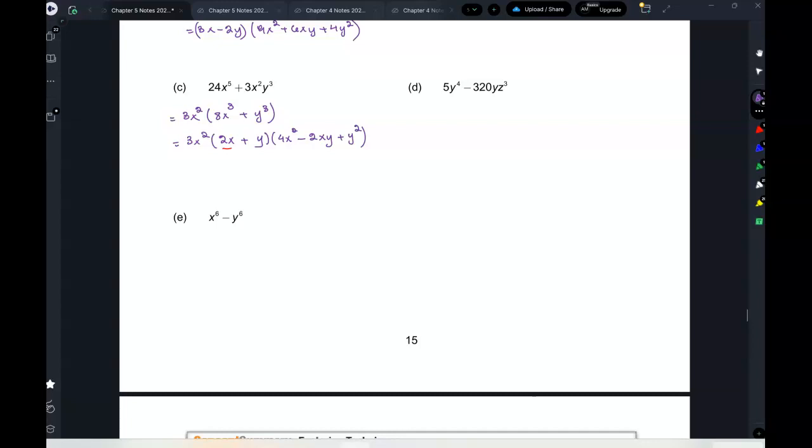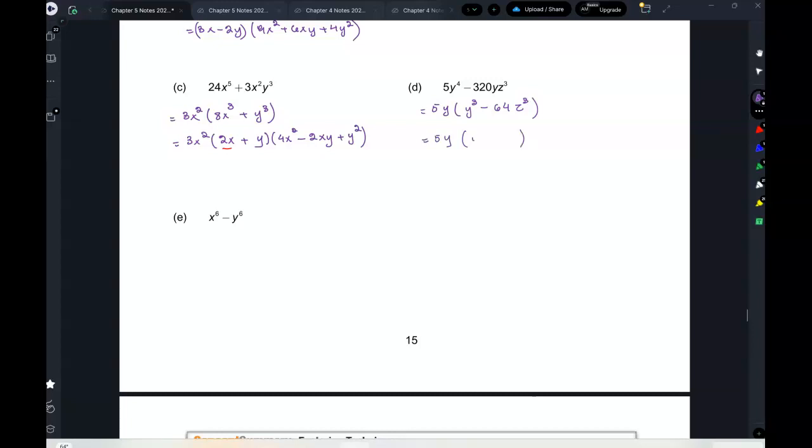Okay, let's do another one. Here, anything we can factor out? 5y. So I get 5y, I'm sorry, just y cubed minus 64z cubed. So this is 5y. All right, so this is a minus.